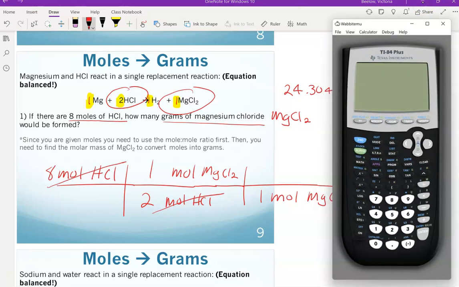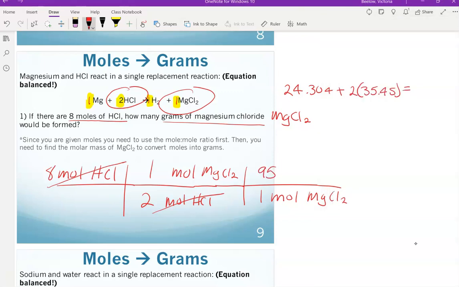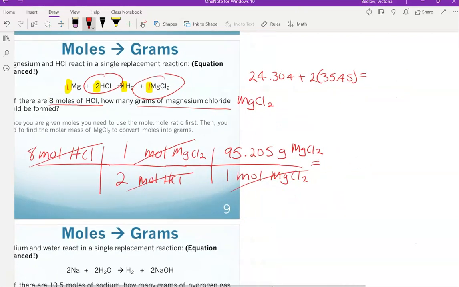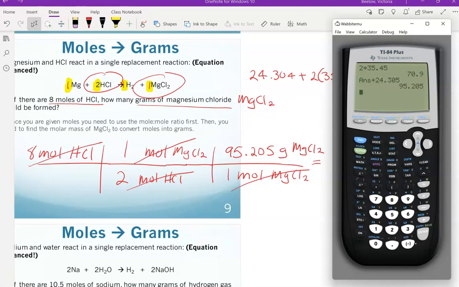I'm going to go ahead and calculate that. So 2 times 35.45 plus 24.305. So that is 95.205. So 95.205, remember this is grams, that's molar mass. So now moles of magnesium chloride cancel, and I'm just left with grams of magnesium chloride. So I'm going to multiply everything in the top.